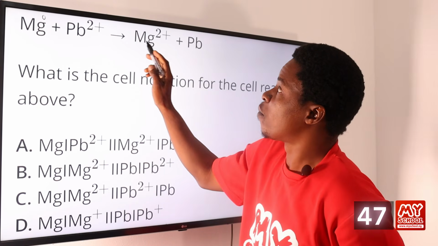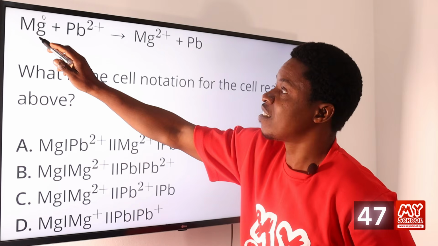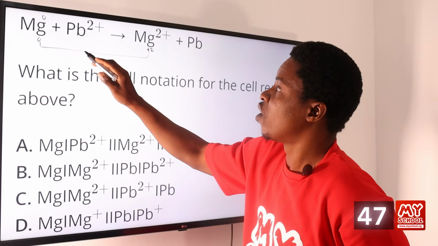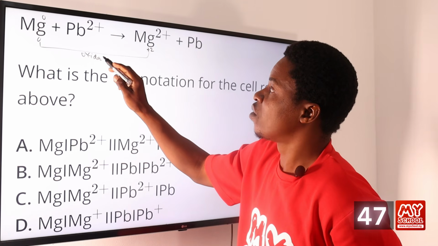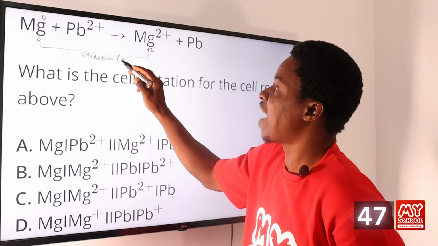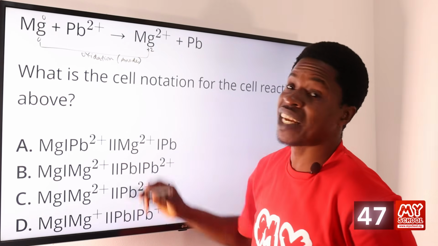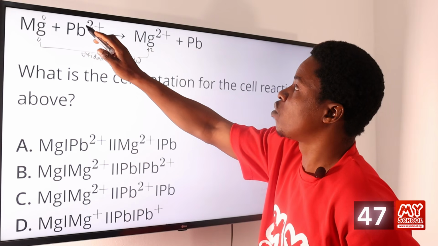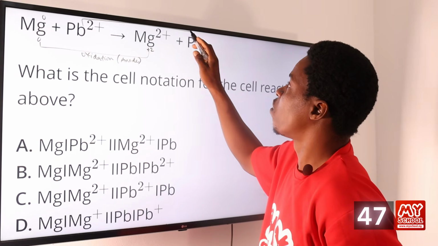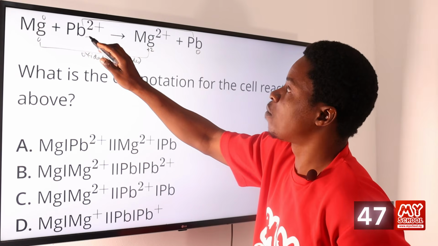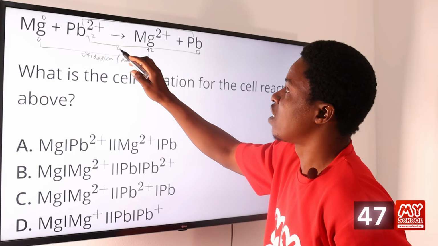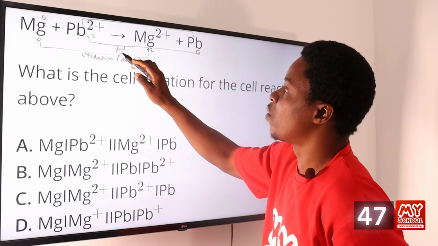From 0 to plus 2 is an increase in oxidation state, so this is oxidation, which happens at the anode. We write that usually on the left. The other one goes from plus 2 to 0, a decrease in oxidation state, so this is reduction, and it is always at the cathode.